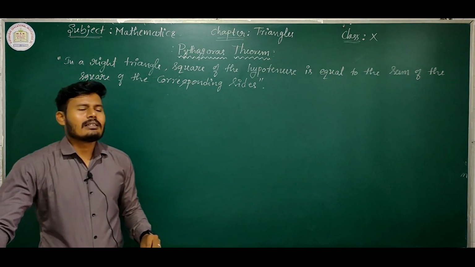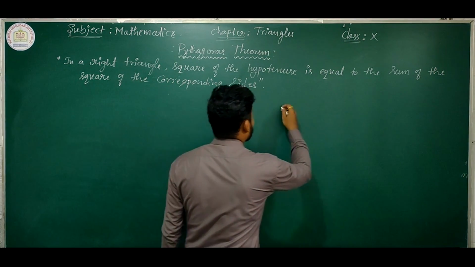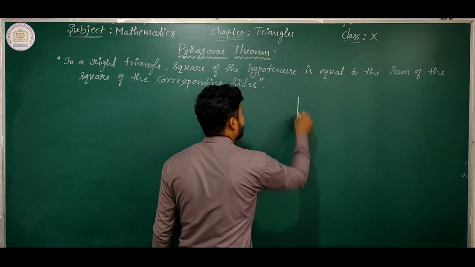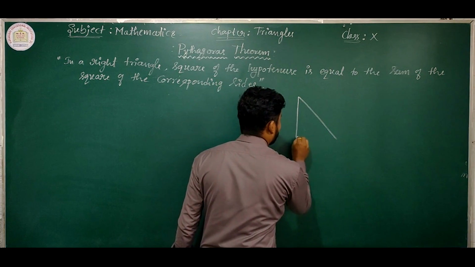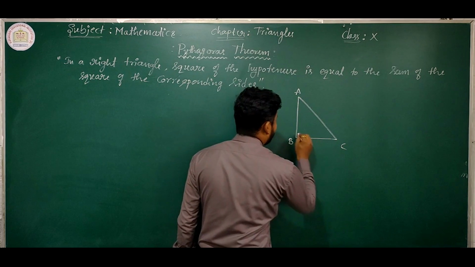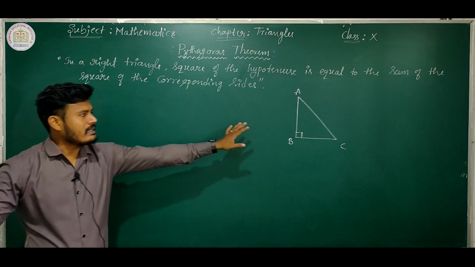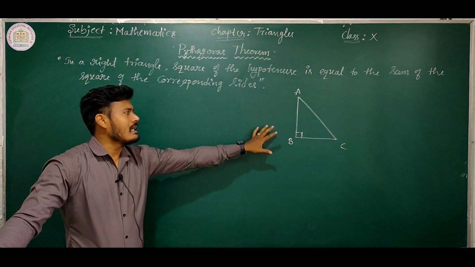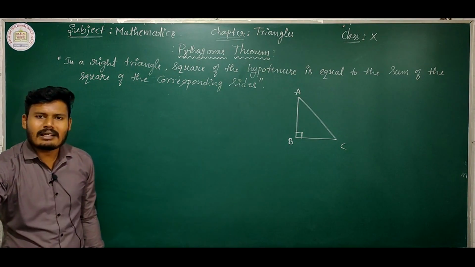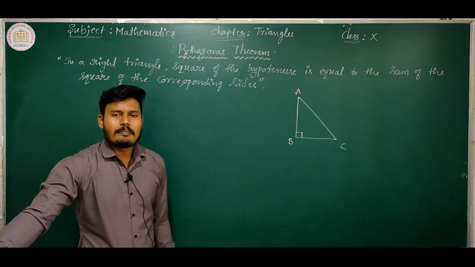Its meaning is, if you consider any right angle triangle, observe the diagram here. Consider ABC is a right angled triangle, right? You just observe that figure. Of course, ABC is a triangle, particularly a right angled triangle.